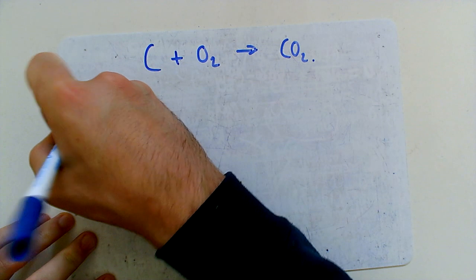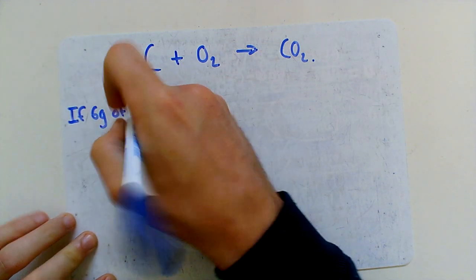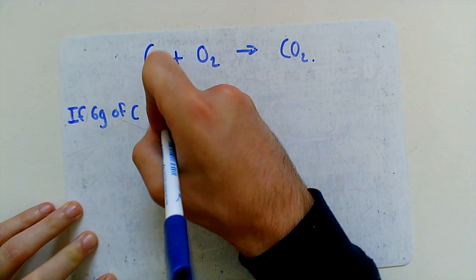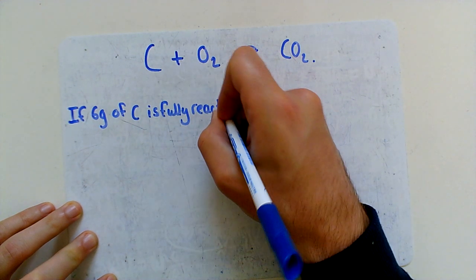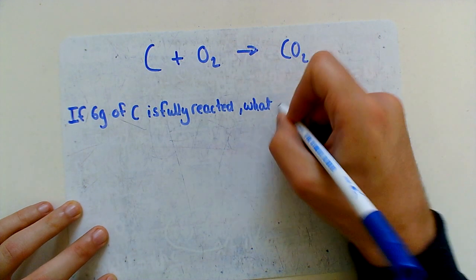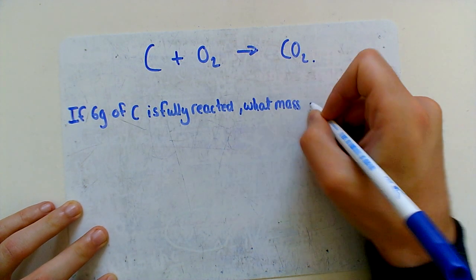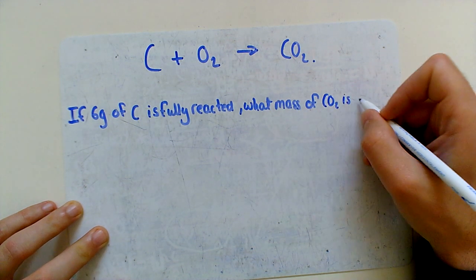And this time, if 6 grams of carbon is fully reacted, what mass of CO2 is produced?